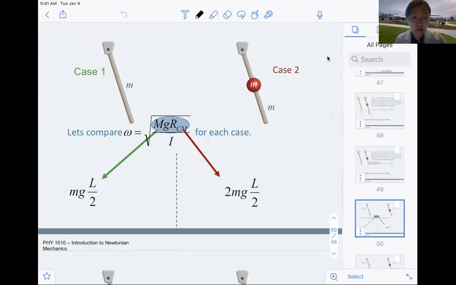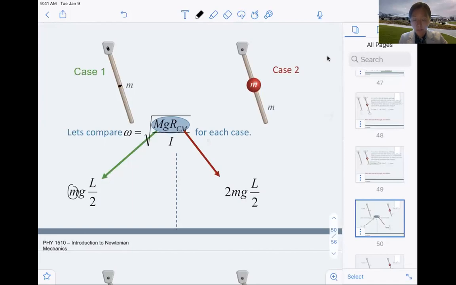So we can calculate the omega in case one and in case two. For case one, the mass for the stick is simply m, and the distance from the center of the mass of the object to the rotational axis is L over 2, half of the length.